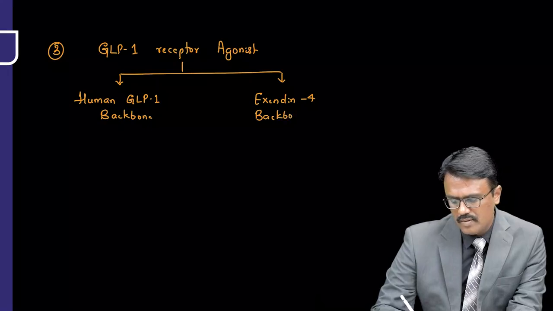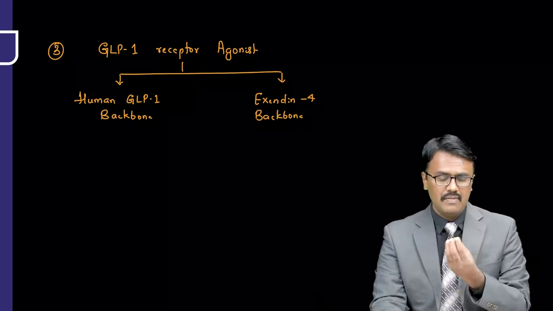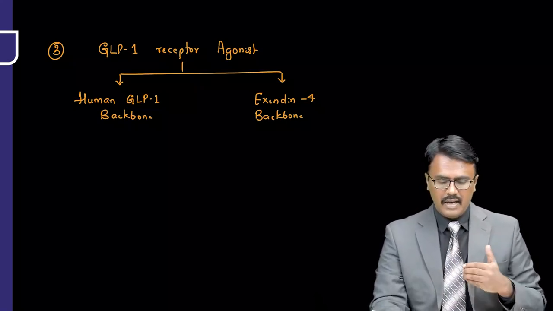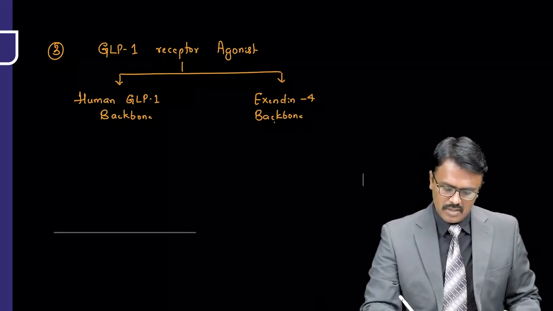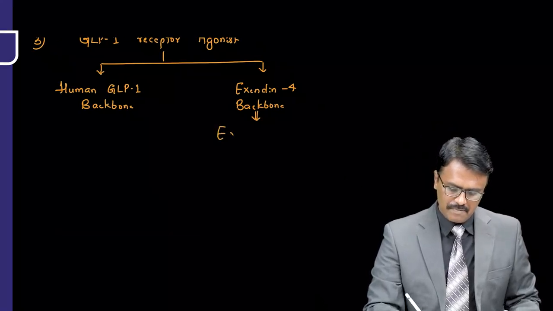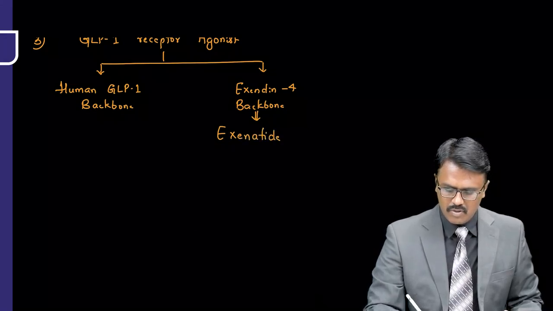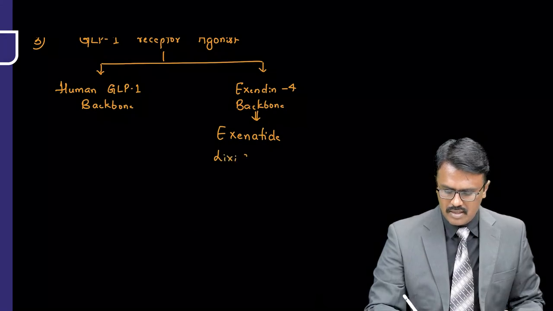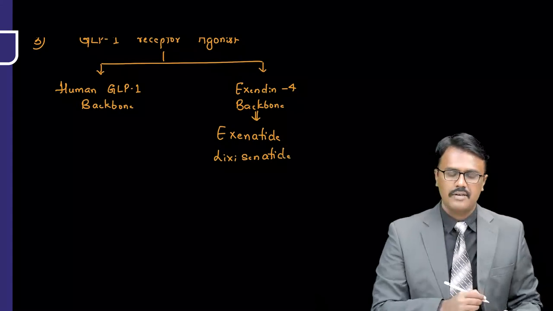Actually this discovery started with an animal called the Gila monster, whose saliva contained exendin 4, and that had GLP-1 receptor agonist activity. Those drugs which are derived from exendin 4 are exenatide and lixisenatide.